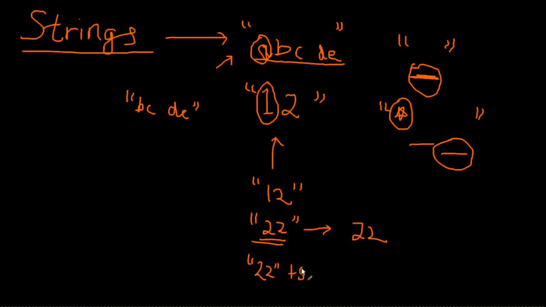That won't get you a 27. In fact, I think that's going to get you a 225. If you want a 27, you're going to have to convert it to an integer. Once you convert it to an integer, then you do 22 plus 5. Then you're going to get the 27.